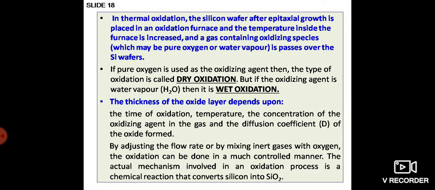Now, I must tell you that silicon has very high oxygen affinity. That is, silicon gets oxidized very easily.